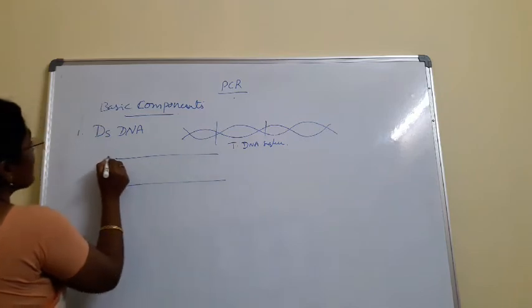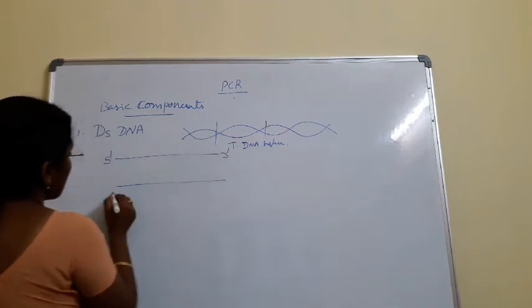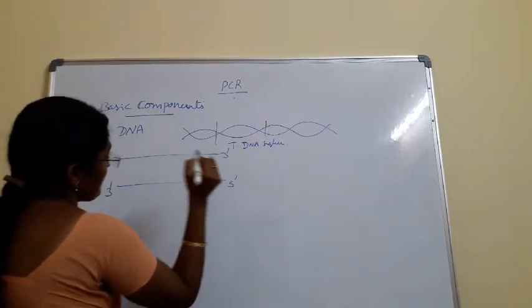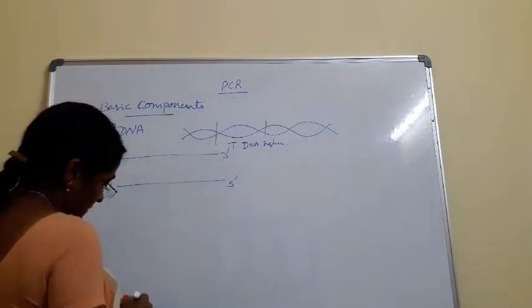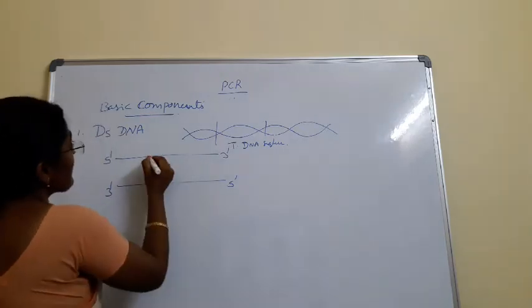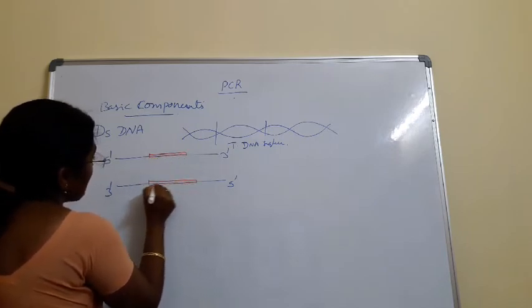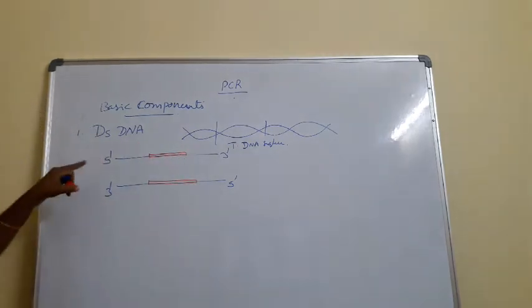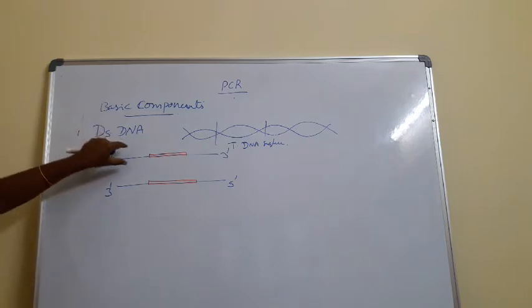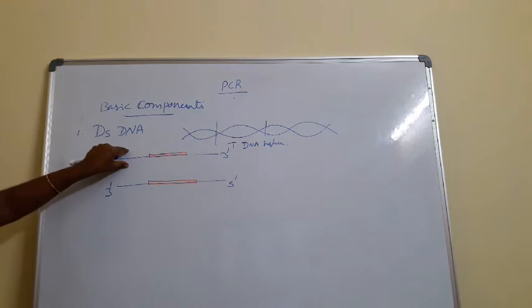Here we have the 3 prime and 5 prime ends, and this is the target sequence. In the double-stranded DNA, each strand acts as a template DNA for the reaction.